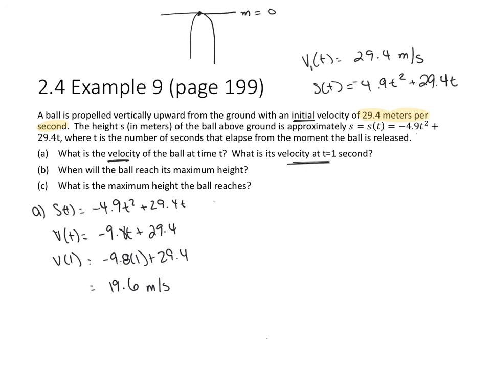So I'm looking for when my velocity function is equal to 0. So negative 9.8 t plus 29.4 equals 0, so 9.8 t equals 29.4, or at 3 seconds.